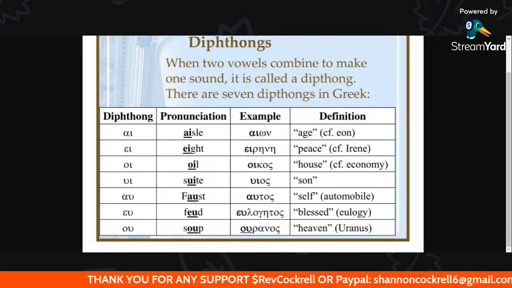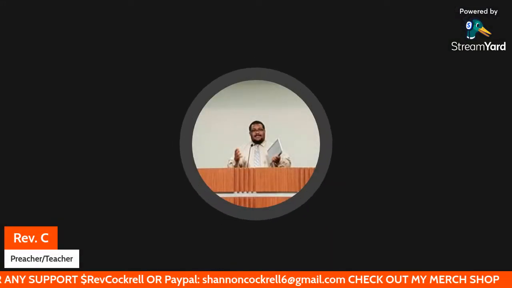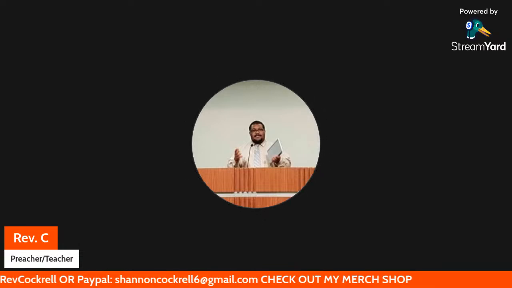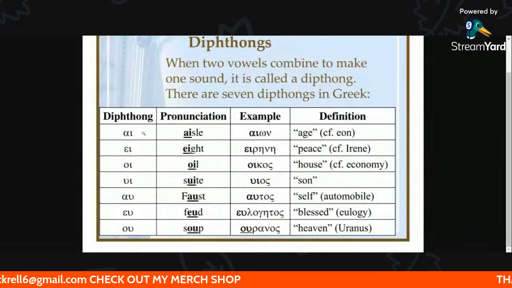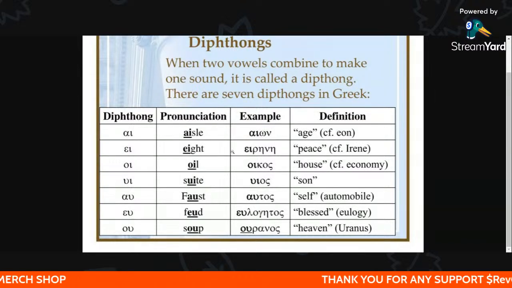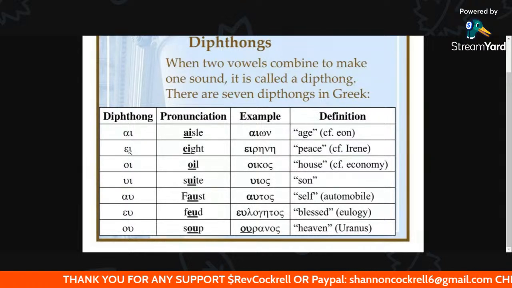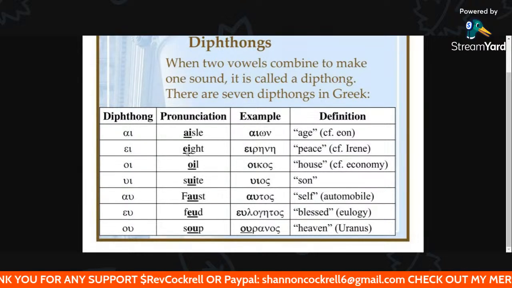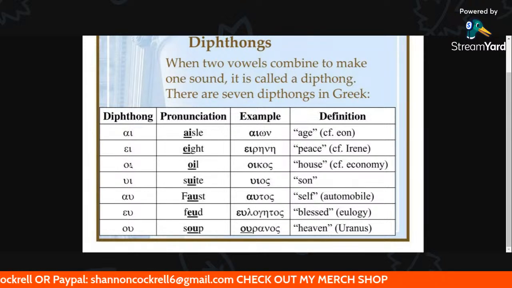All right, so with the diphthongs, you can just kind of memorize those. You have alpha and iota, epsilon and iota, like the A sound, eirene, peace.